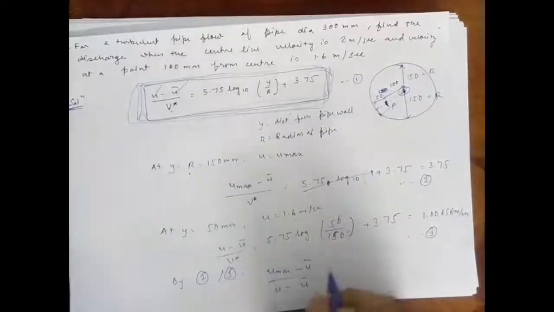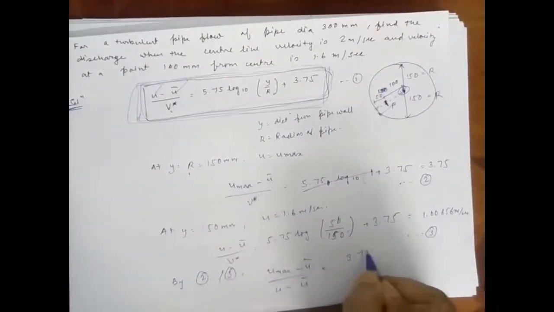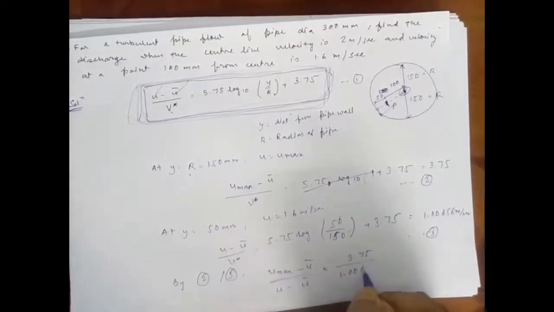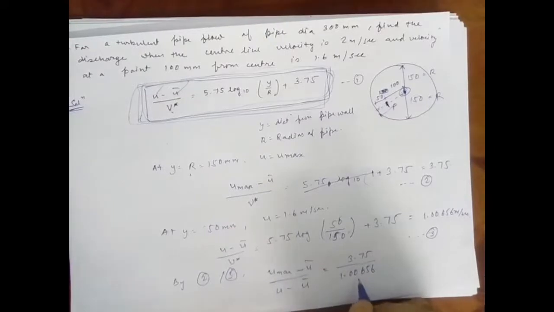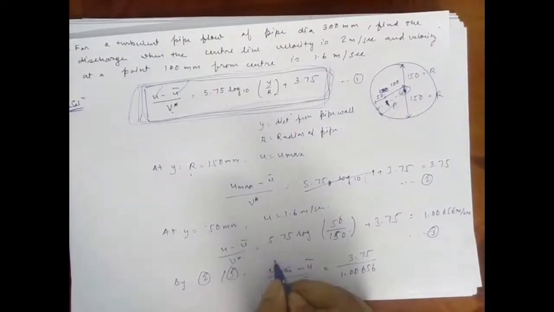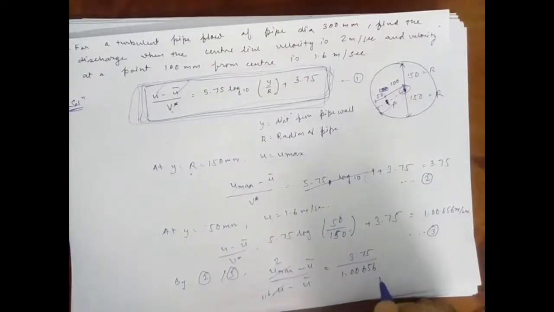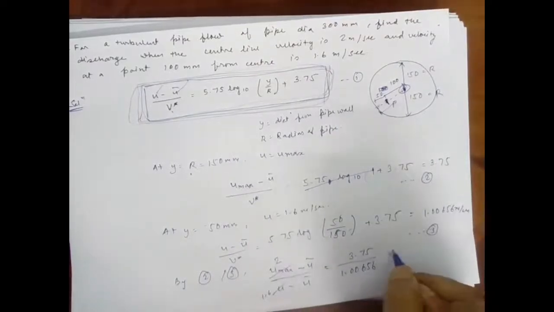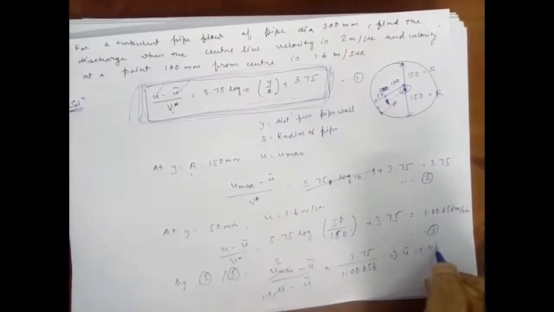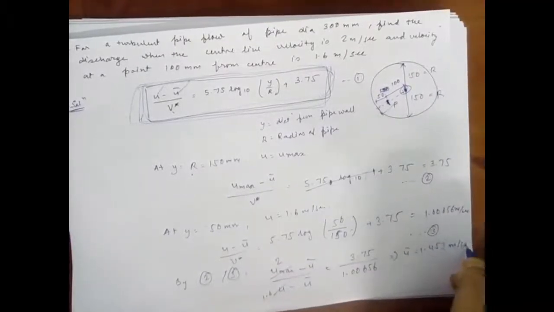So v star will get cancelled for both the cases, and that is equal to 3.75 upon 1.00656. And now putting u as 1.6 and u max as 2, if we simplify and solve for this, we will get u bar is equal to 1.453 meters per second.